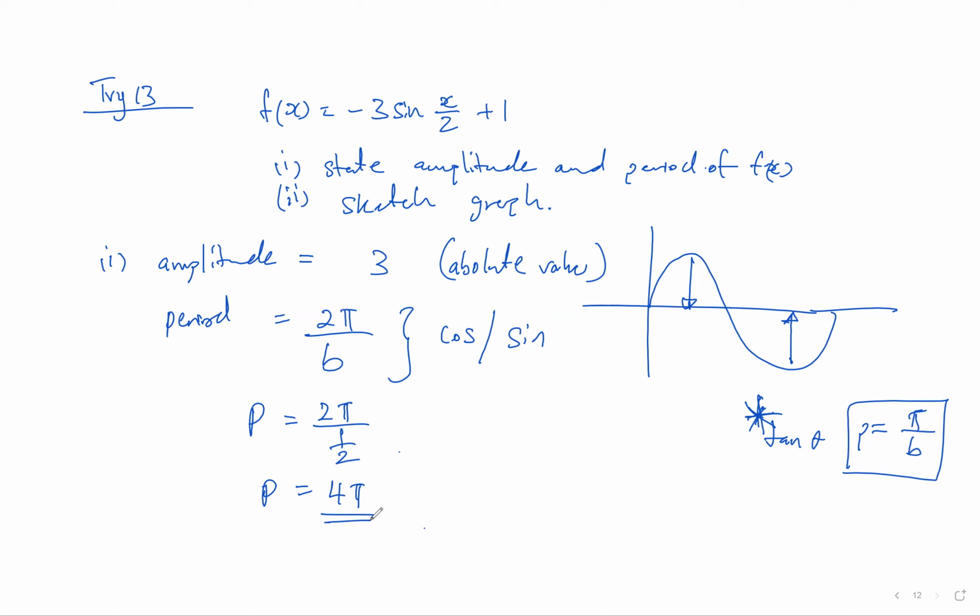So once you reach 4 pi, then it becomes a full cycle of sine graph. I hope you remember this, A sine bx. So the b here is the half. Hope you understand.